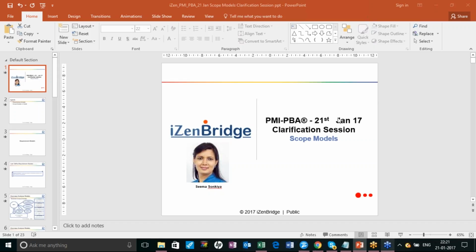What is the Kano model and under which category does it come? Kano model is requirement prioritization, because you know the features and functions which need to be included.